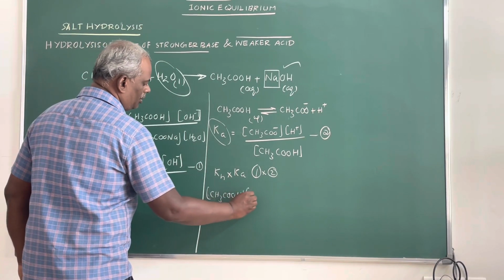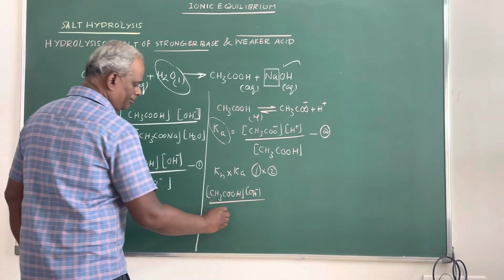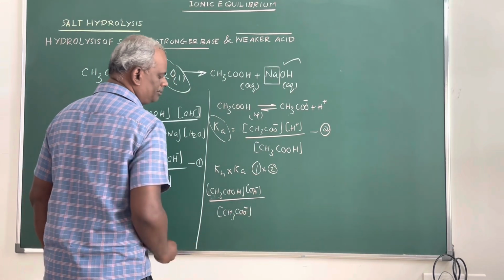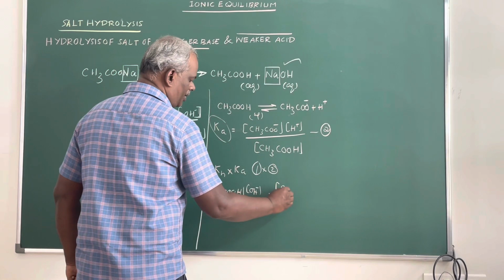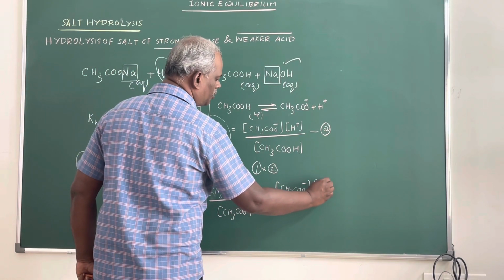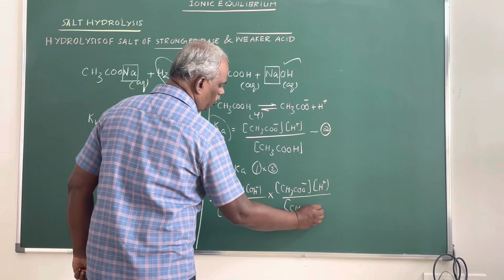CH3COOH into OH minus divided by CH3COO minus. It is to be multiplied by this one, CH3COO minus into H plus divided by CH3COOH.